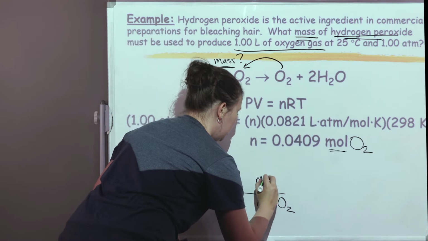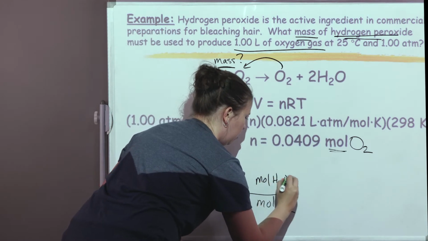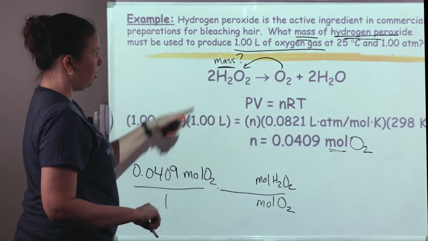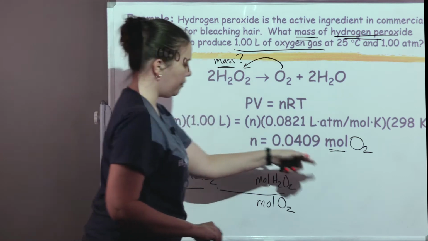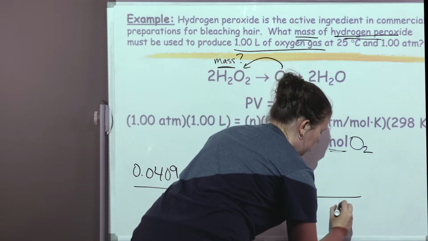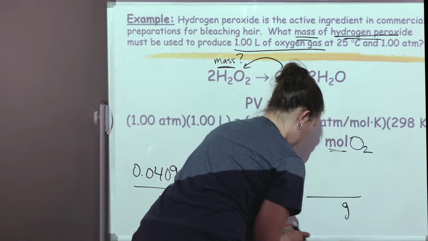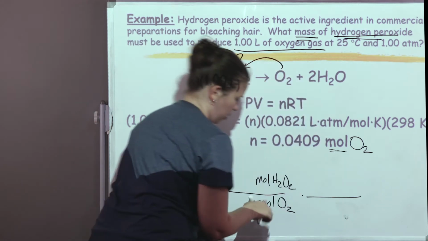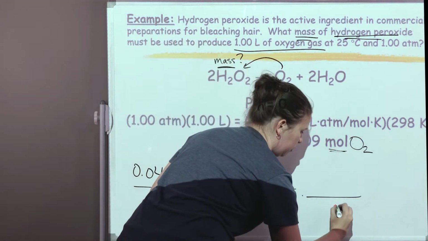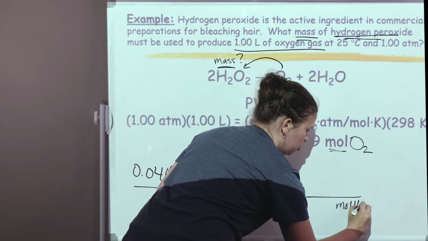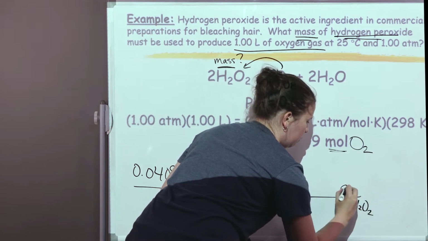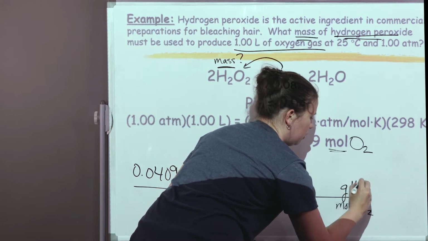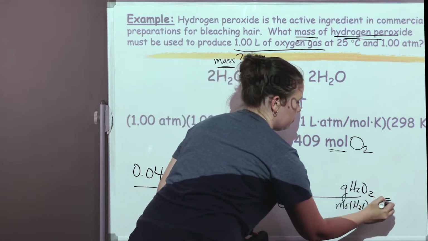So I'm going to stay in moles, but now I have H2O2. But I wanted mass, so we're going to add that one other conversion factor to go from moles on the bottom. We have moles up top, right? So we're going to put moles on the bottom of H2O2 and convert that to grams of H2O2.